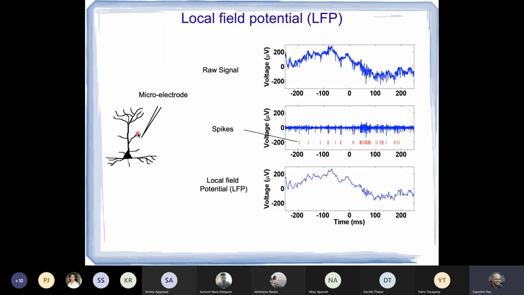It turns out if you try to insert this electrode inside the neuron, you keep pushing the electrode until it pierces, the neuron will die. These electrodes aren't fine enough for us to preserve the neuron without killing it.